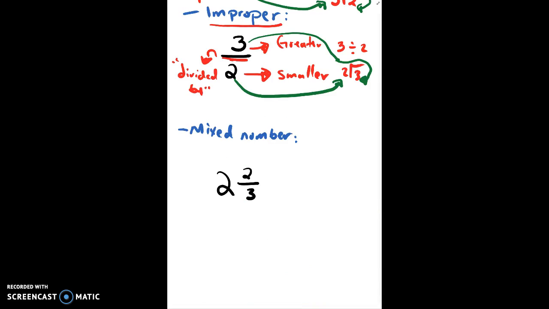The final type of fraction is called a mixed number. What a mixed number is, is that it includes both a whole number and an improper fraction.